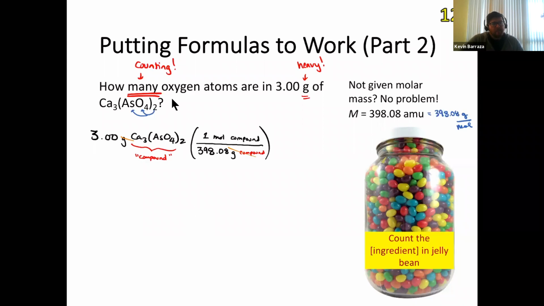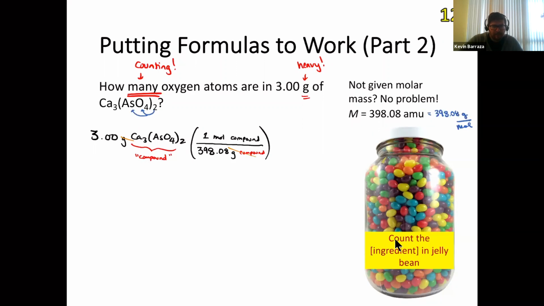Now the question is, this isn't what we want. This is moles of compound, but we want how many oxygen atoms, which is a part of this substance. I don't want the total compound. I only want to know how many oxygens are there. And just to reiterate, the 398.08 is by adding up the molar masses of all the atoms: 3 calcium, 2 arsenic, 8 oxygen.